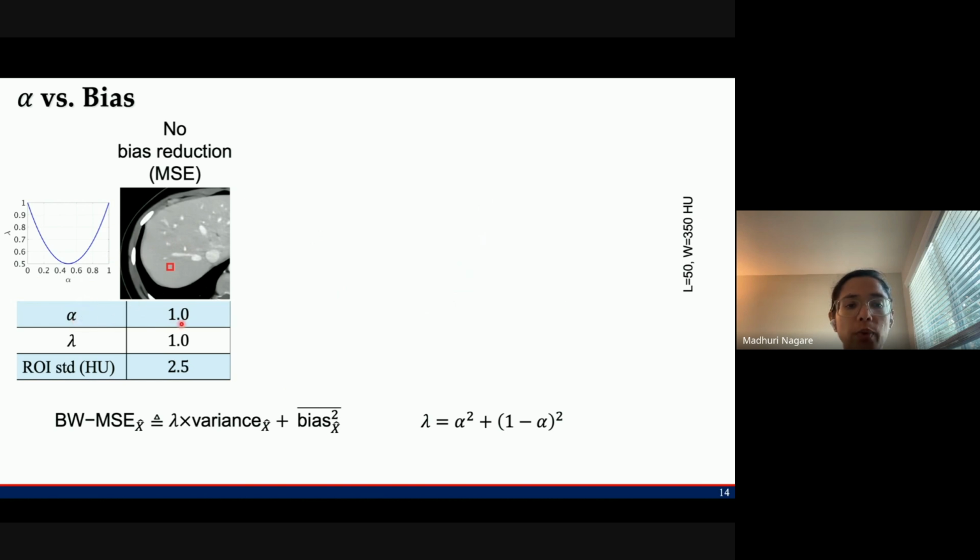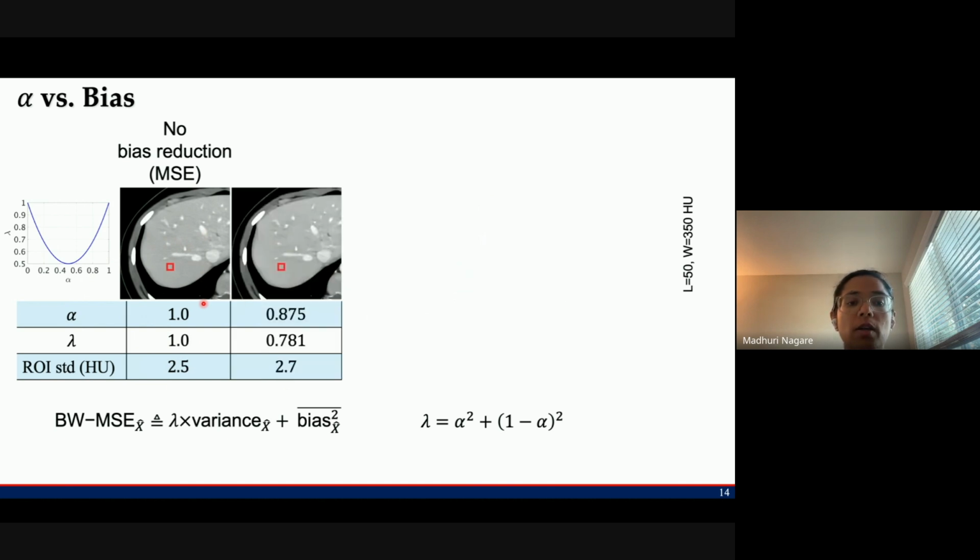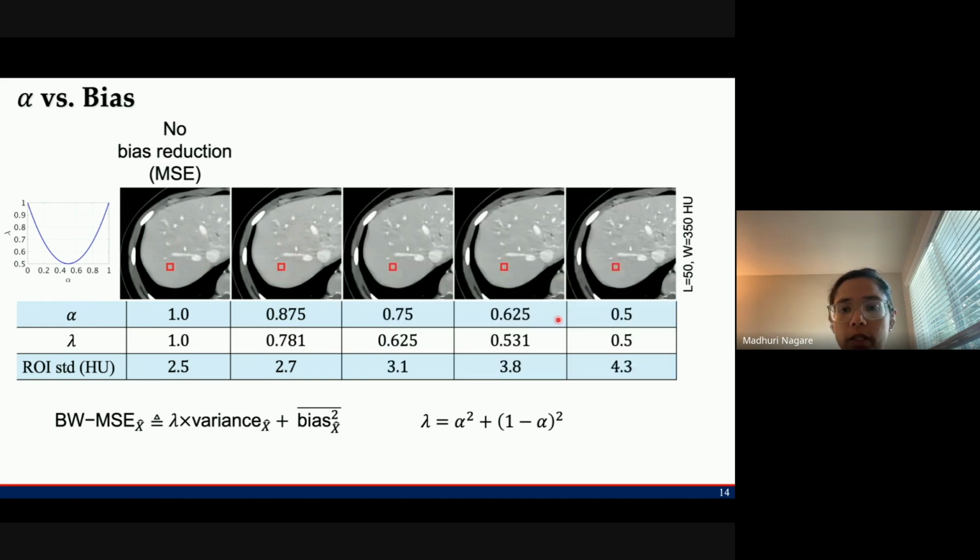When alpha is 1, lambda is 1, and we get results the same as mean square error. Once we start reducing alpha, lambda reduces, and we start getting more details and some texture in the results. Here, we measure the reduction of bias by measuring the standard deviation in these uniform areas. It is increasing, which means we are getting the texture back. These are the results with reducing lambda further.